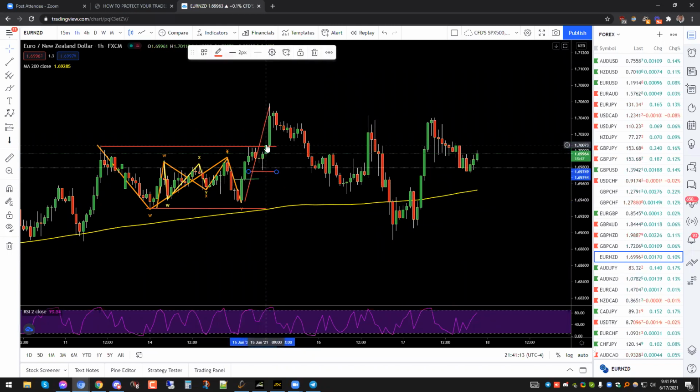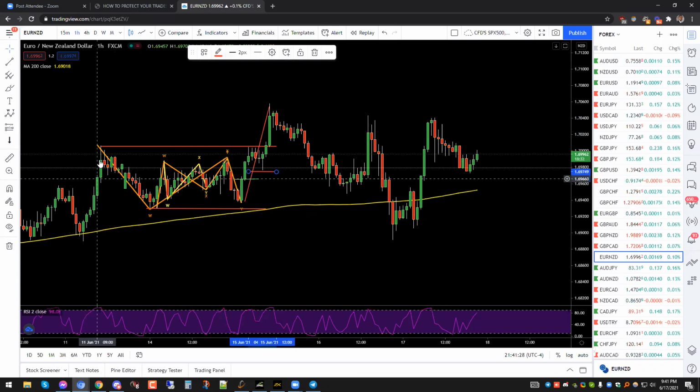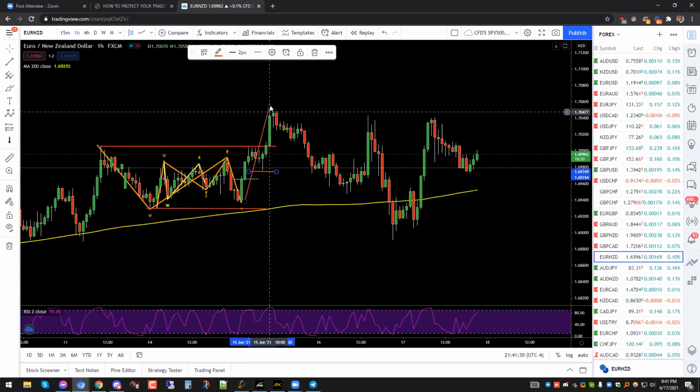Once we break out from the top, we move the stop up. So now we are at a small profit. Once we hit our profit target, we are out of the trade, because we are expecting this wave to come back over here. So once we meet our profit target, we are done.